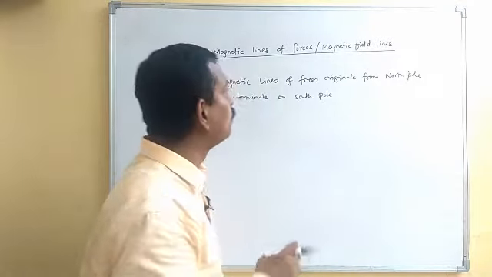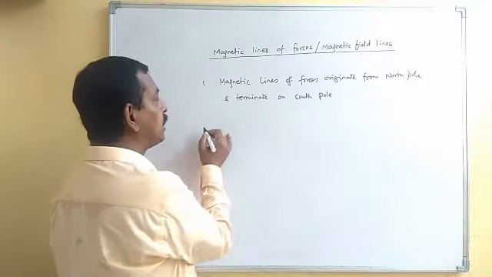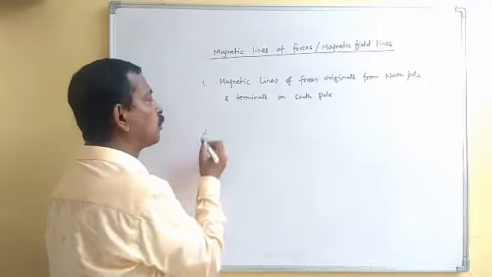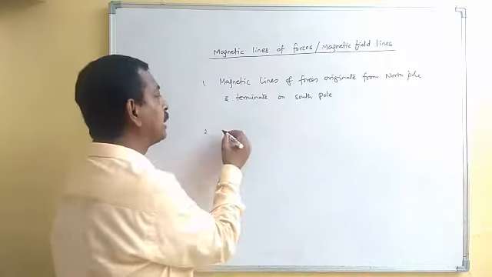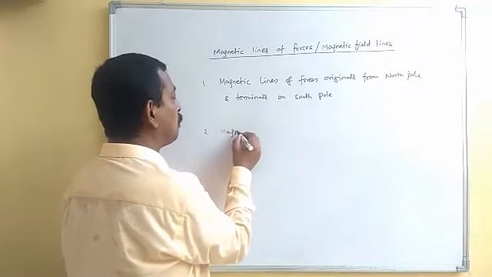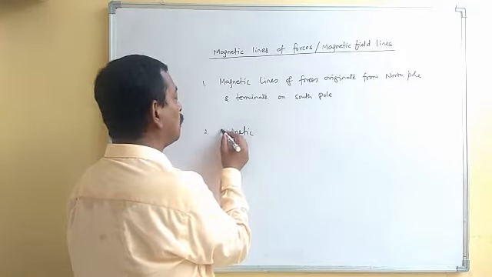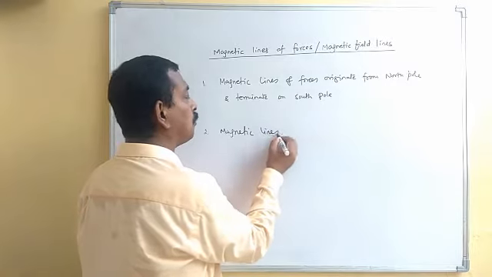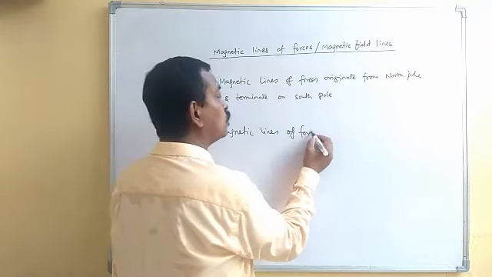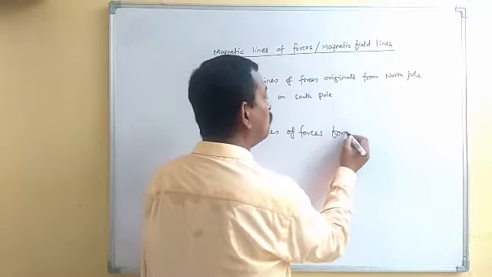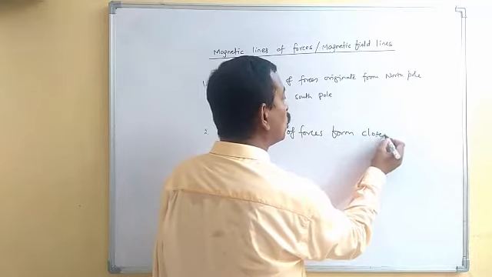Another property you can say is that magnetic lines of forces form closed loops.